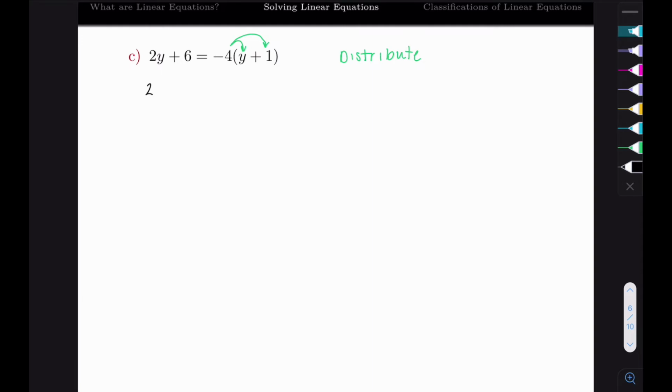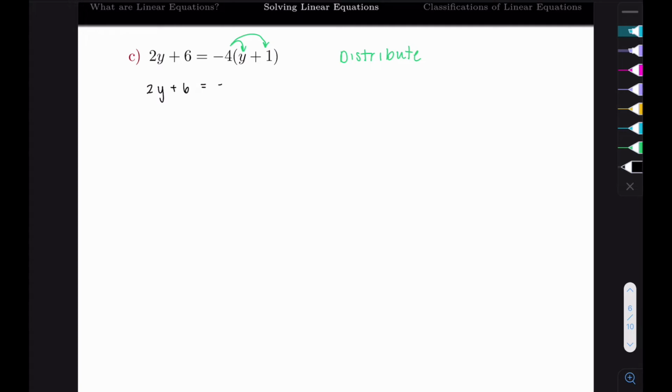So we've done absolutely nothing on the left-hand side, so we leave that as is.